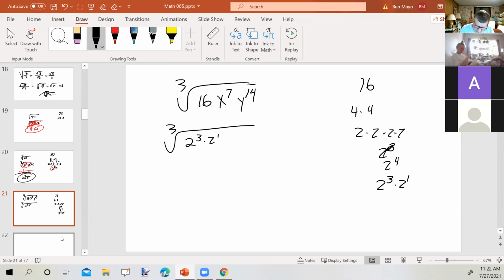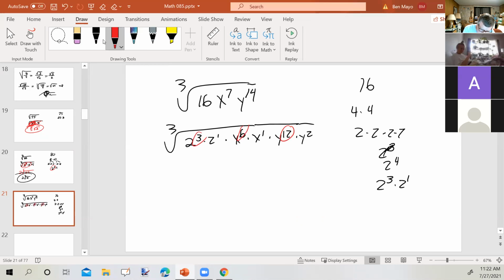X to the 7th, I'm going to break that down as x to the 6th, because 6 is the highest multiple of 3 that goes into 7, and then I still have x to the 1 power left over. 3 goes into 14 4 times, so 12, so y to the 12th, and then y squared left over. Again, do you see what I'm doing there, folks? I'm matching the index or multiples of the index for my exponents. So there, there, and there.